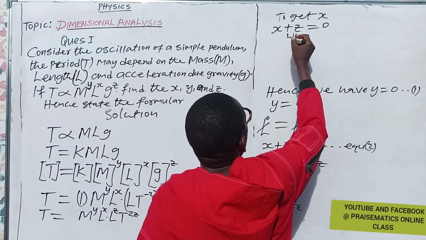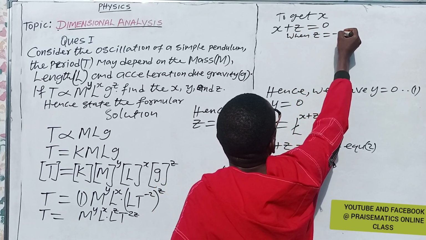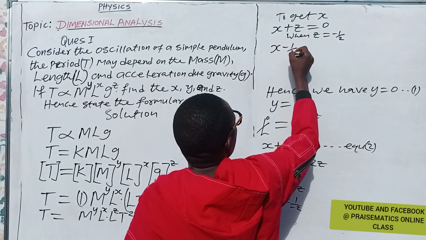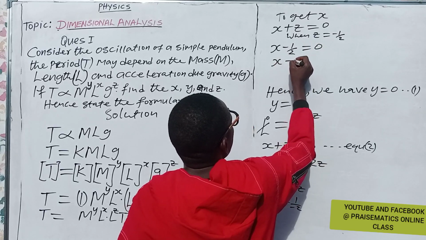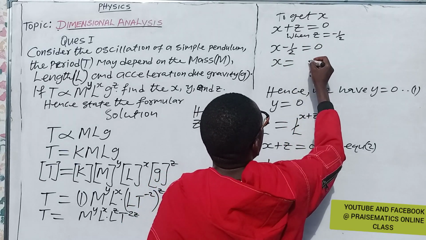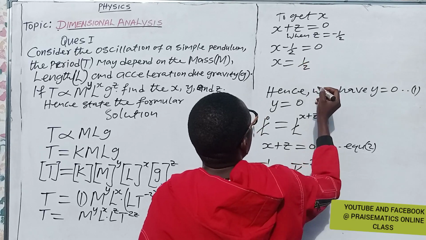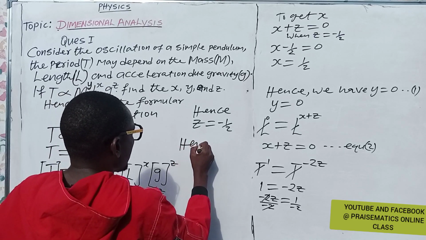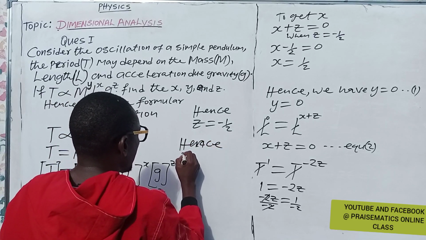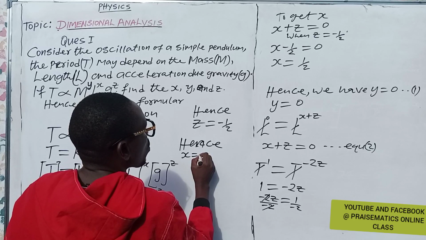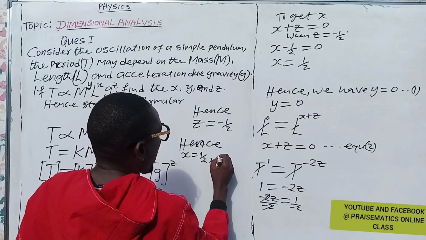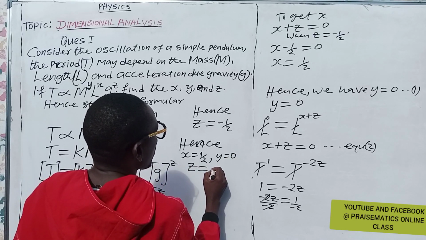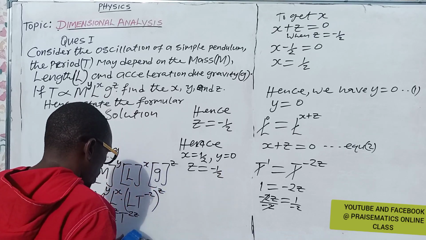When z equals minus 1 over 2, what we have? x minus 1 over 2 is equal to 0. x is equal to 1 over 2. And that is how to do it. So we can see, hence, generally, that x equals 1 over 2, y equals 0, and z equals minus 1 over 2. That's how to do it.